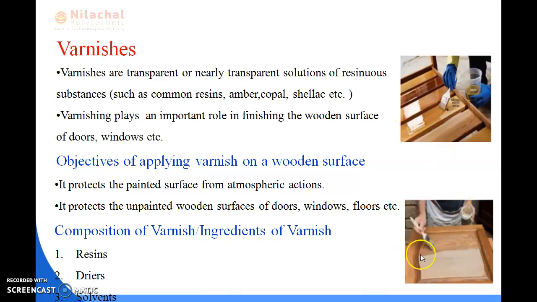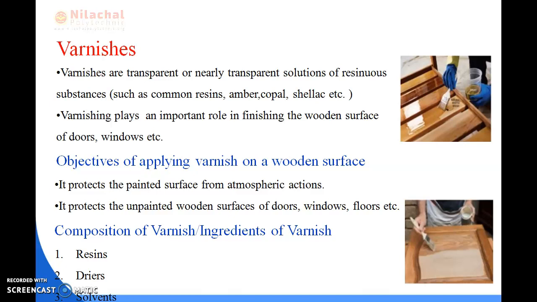So what do you mean by varnishes? Varnishes are transparent or nearly transparent solutions of resinous substances, such as common resins, amber, copal, shellac, etc. These varnishes play an important role in finishing the wooden surfaces of doors, windows, etc.